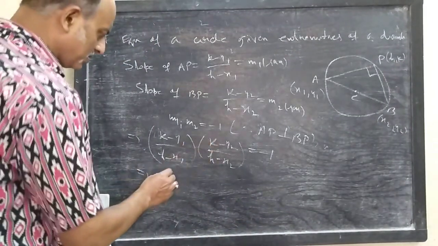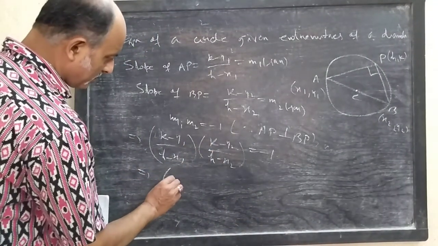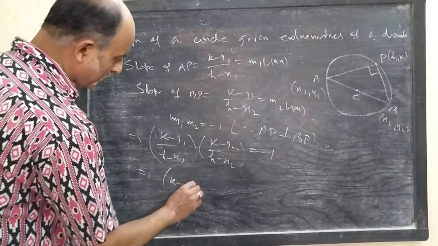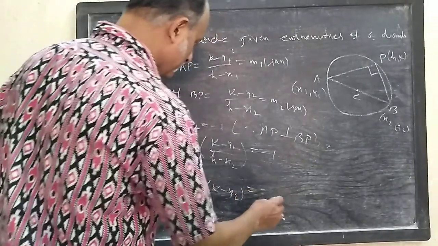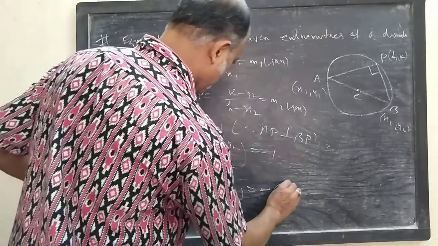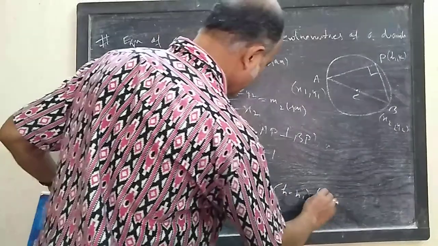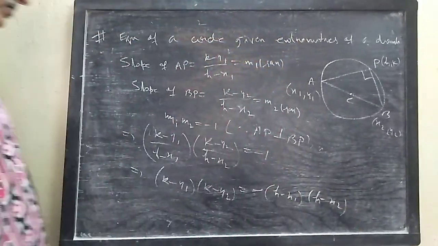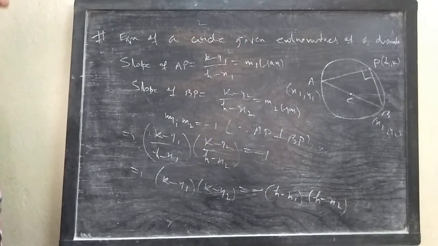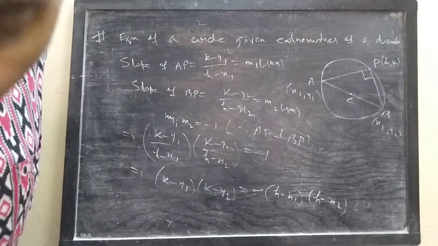Now just write it in this way: (k minus y1) into (k minus y2) equals minus (h minus x1)(h minus x2).